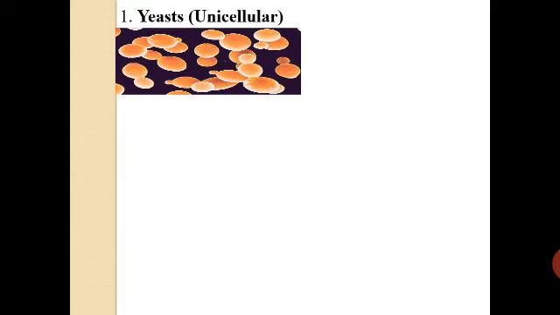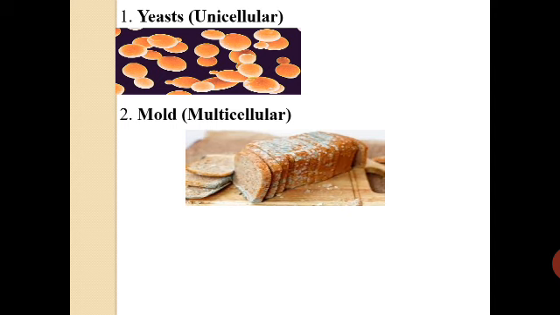At the very first you can see the shape of yeast, which is unicellular microbe. Mold, the second one, which is multicellular, and you might have seen the bread mold.